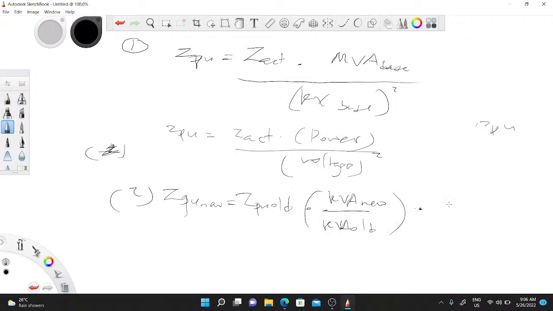Times, for the voltage, it is old over new: V old over V new. The voltage is always squared. Keep it in your mind. So we need this equation here, and we also need the other equation. These are the two equations we need to solve the per unit questions. So let's move on and see where the lecture takes us.